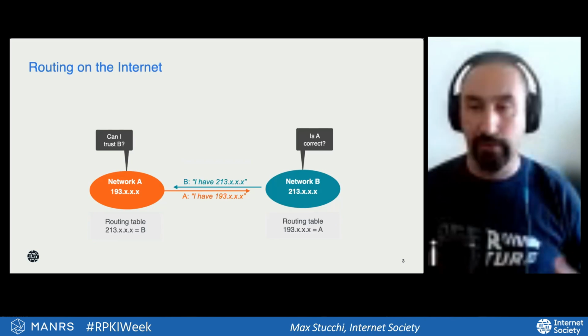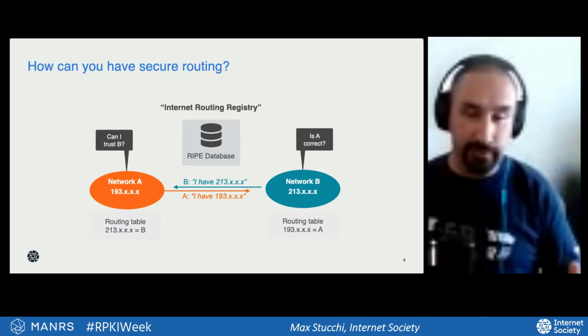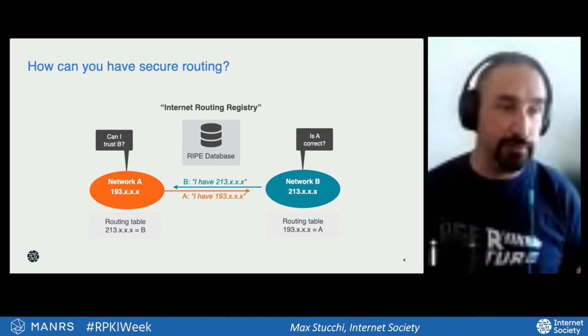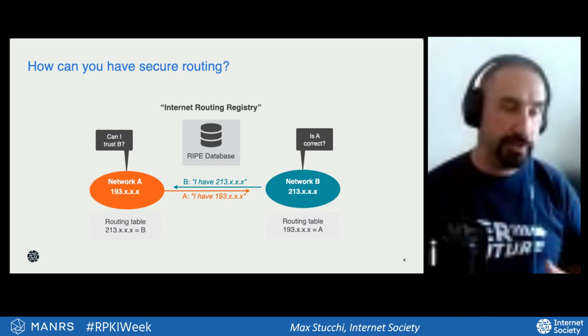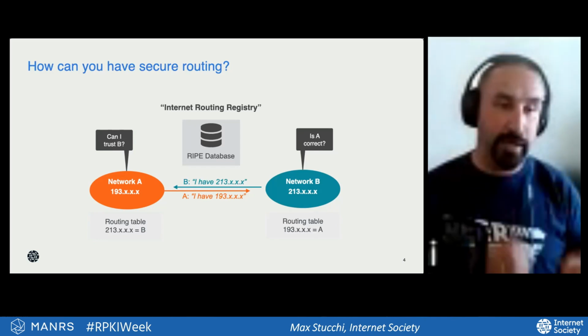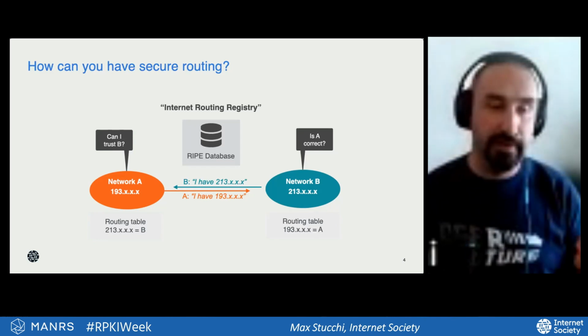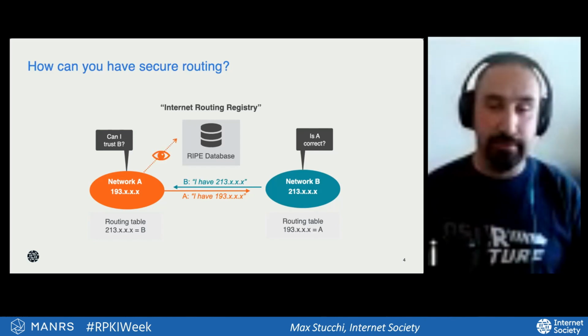So far, this has been a long-standing issue. We've used, for example, the RIPE database, an internet routing registry. It's a database where we store information in the form of objects. And we have objects that help us understand if we can trust a BGP announcement.